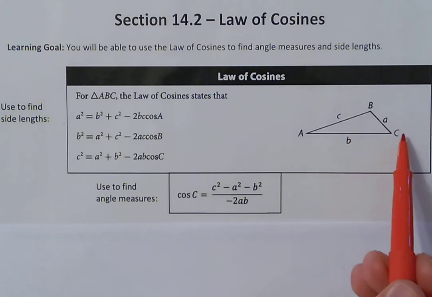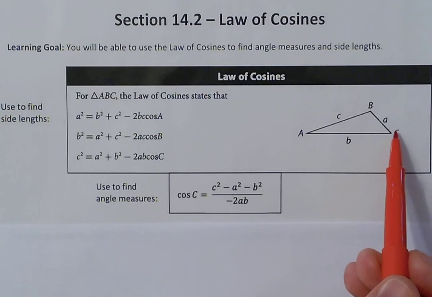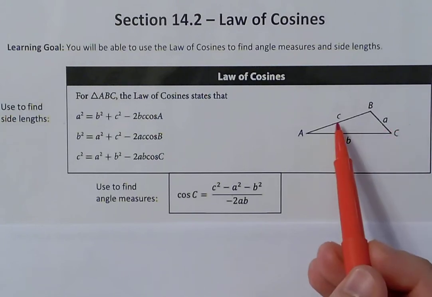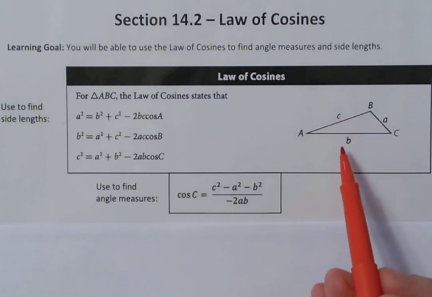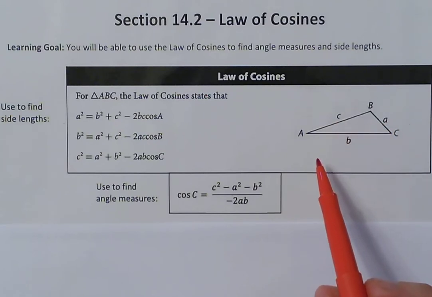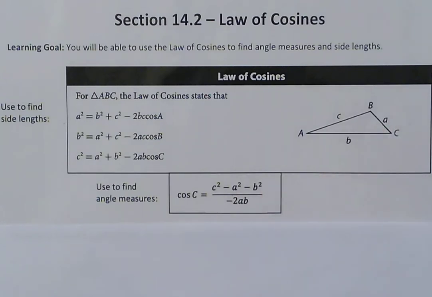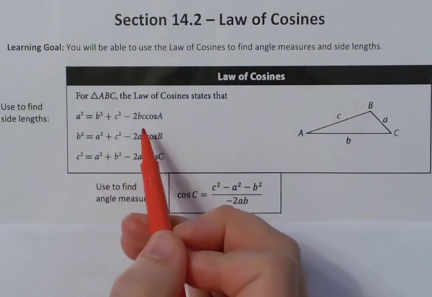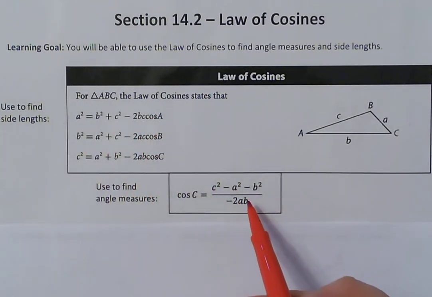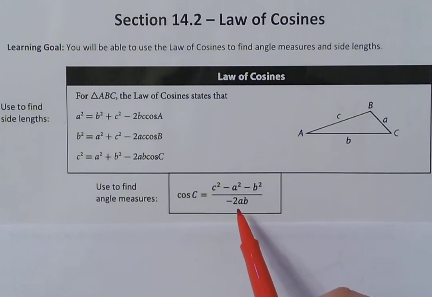We start with the side opposite, subtract the other two sides, and then divide by negative 2 times the other two sides. So the law of cosines is the main part, and this is a variation of the law of cosines to help us figure out angle measures.